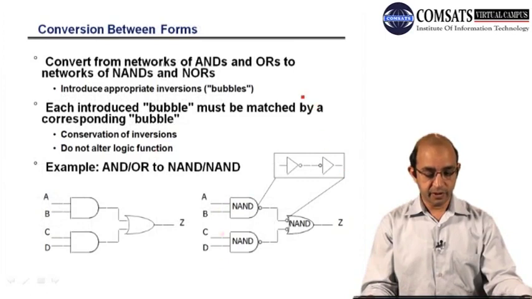So conversion between the forms. Here we can see that we have introduced bubbles. So this is the NAND, and those bubbles are representing complements, so they will cancel each other. This is the NAND gate.